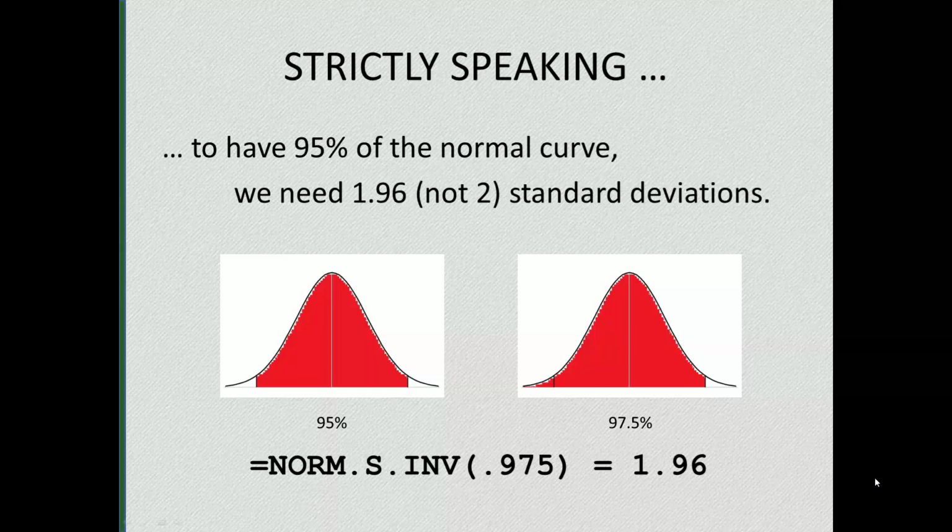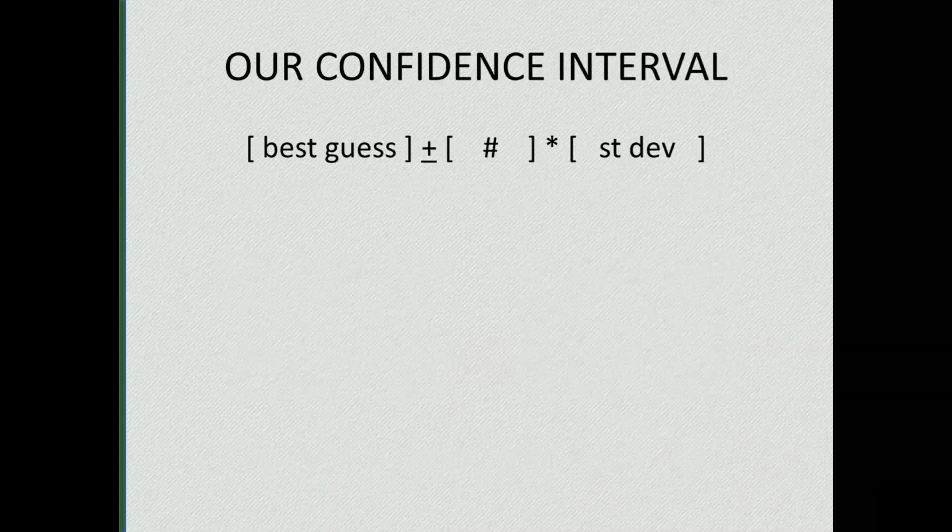Now, I don't care whether you use 1.96 or 2 standard deviations. I'm fine with either number. Just understand that I tend to be a bit OCD about things. My solutions are based on 1.96. Not a big deal. So let's work out the solution to this particular problem. Remember, confidence interval is our best guess plus or minus some number of standard deviations.